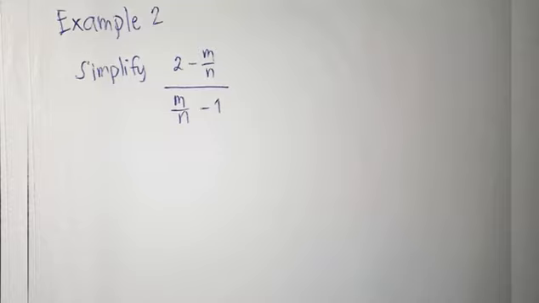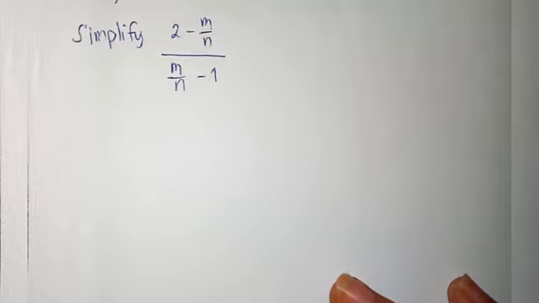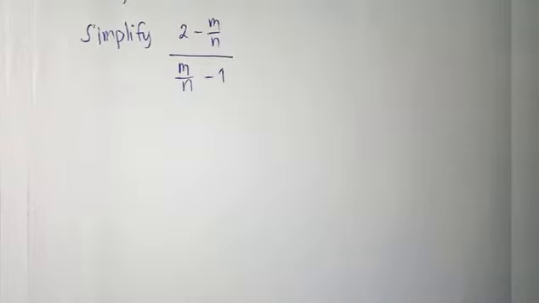Now, let's have another example. We have here, simplify (2 minus m over n) divided by (m over n minus 1). So, dito, gagawin muna natin yung numerator as 1 fraction, then the denominator as 1 fraction also.